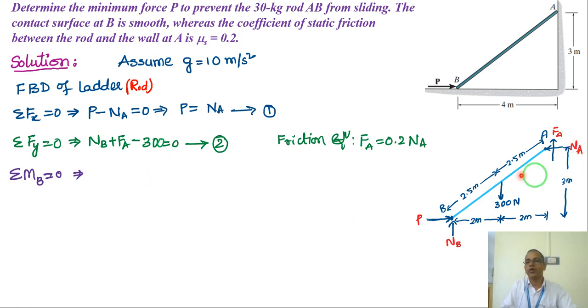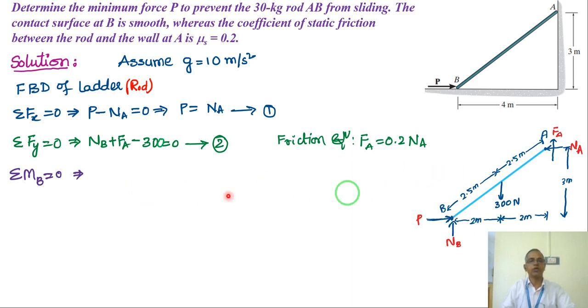So I have these two forces, which will have zero moment. Only 300 into this distance, and NA into this horizontal perpendicular distance, which is 3 meter, and friction force is vertical upward, and its horizontal distance is this. This is also equal to this, right?